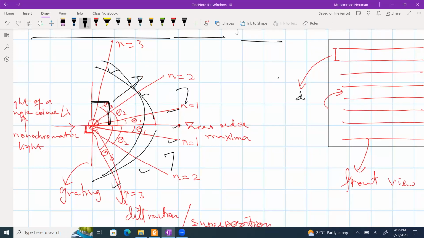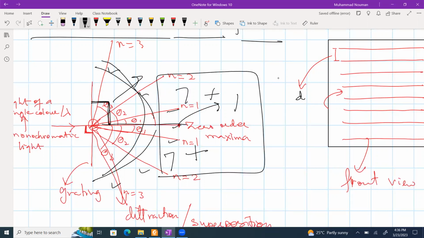In my calculation, this zero order is never included, so one zero order is also present. So how many in total are present? 15. Perfect.